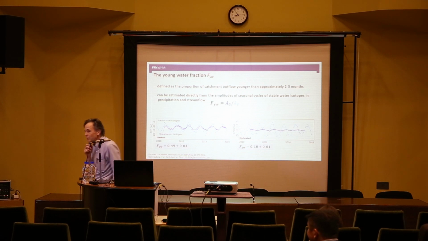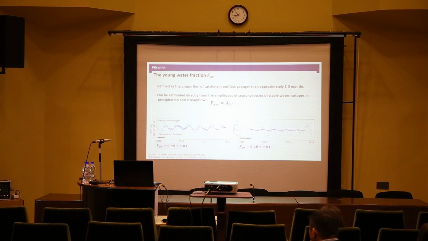Yeah? What about those catchments that don't have a strong seasonal factor? Because I guess there are places where you don't really have seasons. Right, so if you are in the tropics near the equator, that cycle is much less. The cycle in precipitation is less strong.